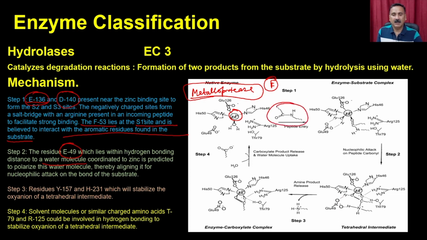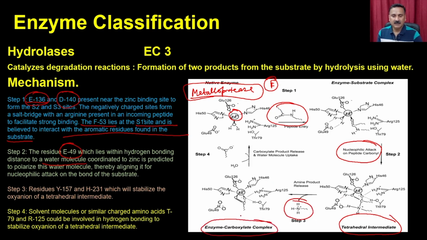So, once the peptide is entering, it is going to form this complex, and then there will be a nucleophilic attack onto the peptide carbonyl bond, and that's how it is going to form the tetrahedral intermediate. That tetrahedral intermediate is going to be stabilized by the different types of amino acid residues present within the active site of this particular metalloprotease, and that's how it is ultimately going to cleave off the peptide bond, release the product, and form the enzyme carboxylate complex.